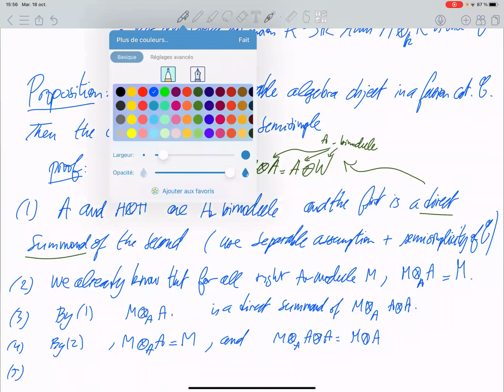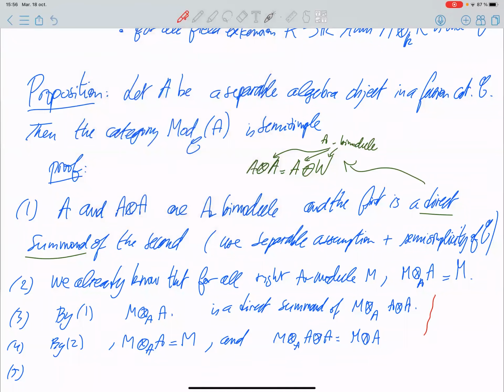So here you may be careful about, maybe an exercise, I don't know, or be careful about something. We may need some associativity like that.